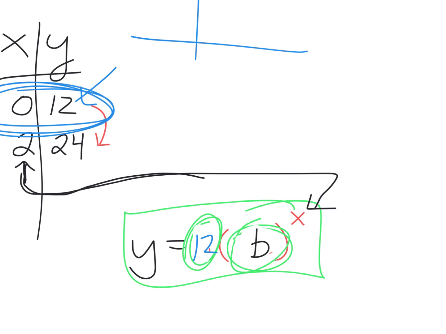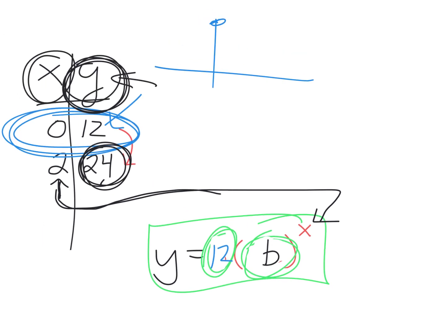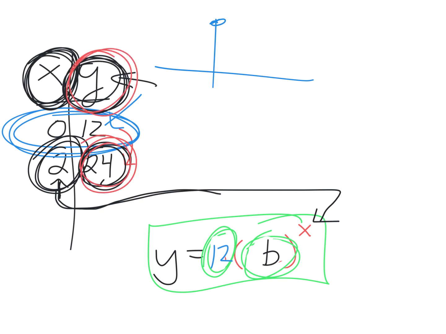You can do this. Hint. You told me the x was 2. Now you're telling me the 24 is b? No, it's not that. Yeah, the y is 24, so that goes here. So I'm going to put the 24 here and the 2 here.